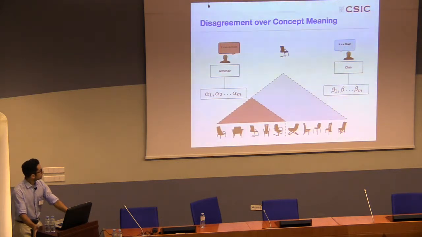So if we present an armchair to those two agents, the first one will generalize it and name it a chair, and the second one will name it an armchair. There is disagreement.